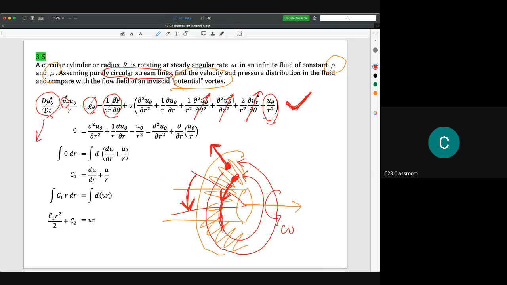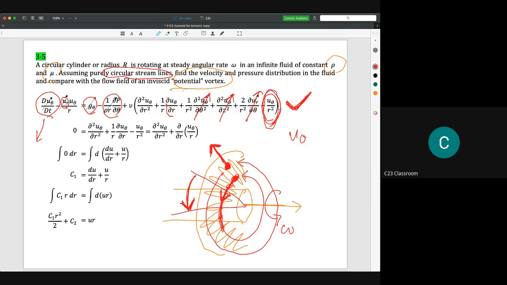Please make sure that you understand each parameter, because u theta over dr is not the same as u theta over r. Because it is not in differential terms, it is u theta over r square, so we need to retain this term as a variable term.